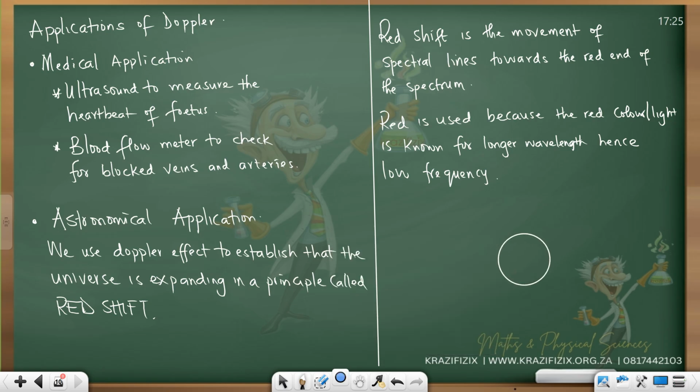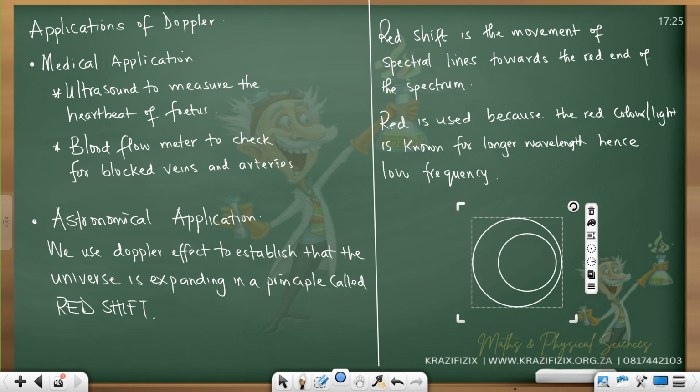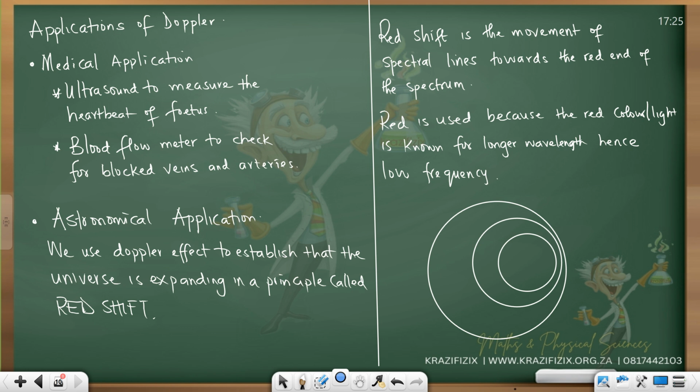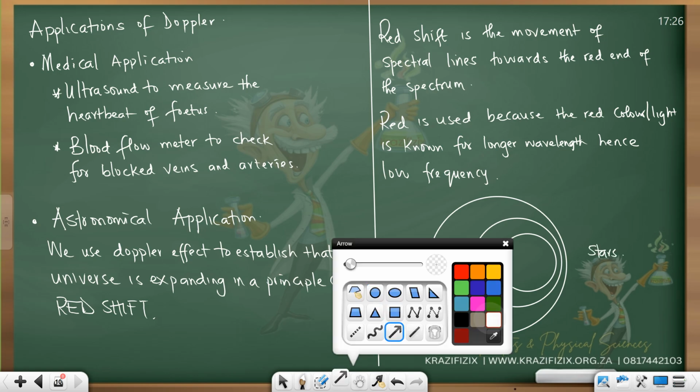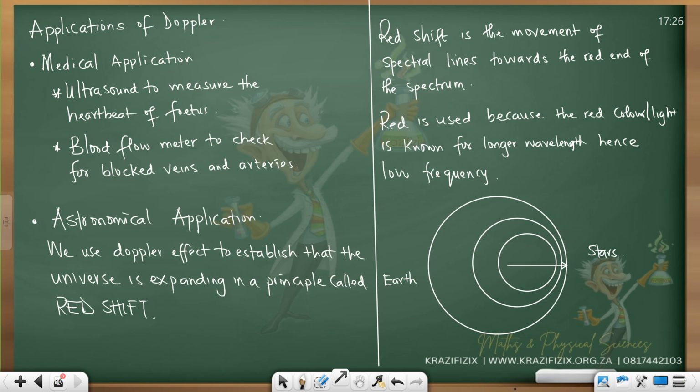If you remember the diagram I had a while ago, this is going to be the Earth. And this is going to be the universe, or the galaxies, or the stars, somewhere. So you can clearly see what's happening, that we are moving away.